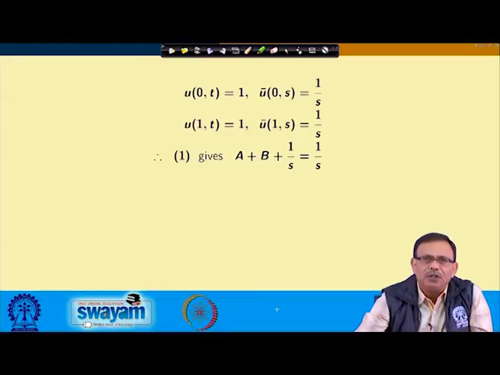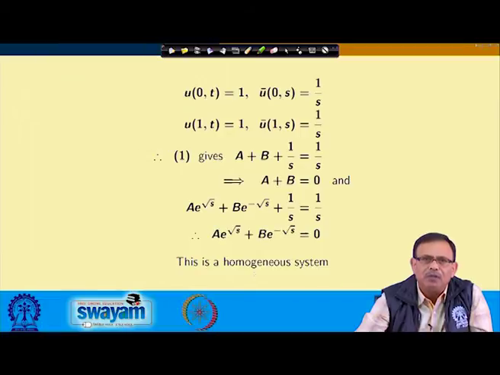So, the first condition, if I put it in equation 1, u bar 0 s equals 1 by s, you will obtain a plus b plus 1 by s equals 1 by s, or a plus b equals 0. And if you put the second condition, u bar 1 s equals 1 by s, you will obtain a e to the power root s plus b e to the power minus root s equals 0.